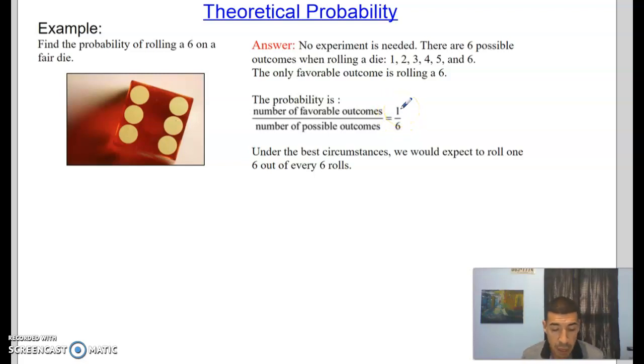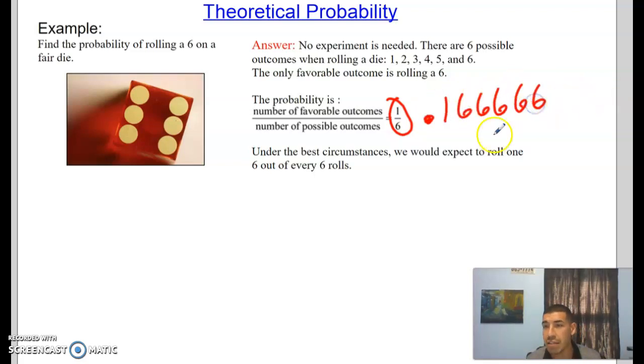Again, most of the problems that you do in Schoology, you're going to have to change it to a percent. So if you look at your choices in Schoology and 1/6 is not the answer, that means that you have to change it to a percent. So if you divide 1 by 6, that'll give you 0.16666, and the 6 repeats.